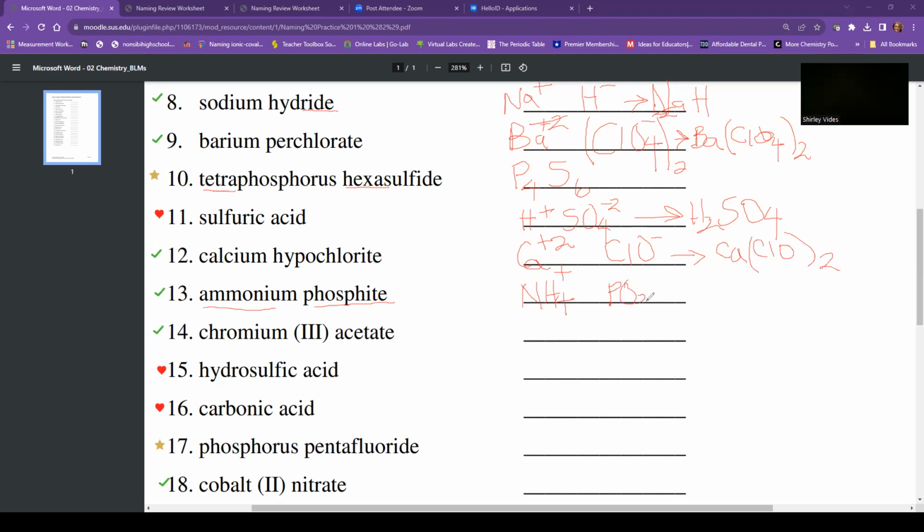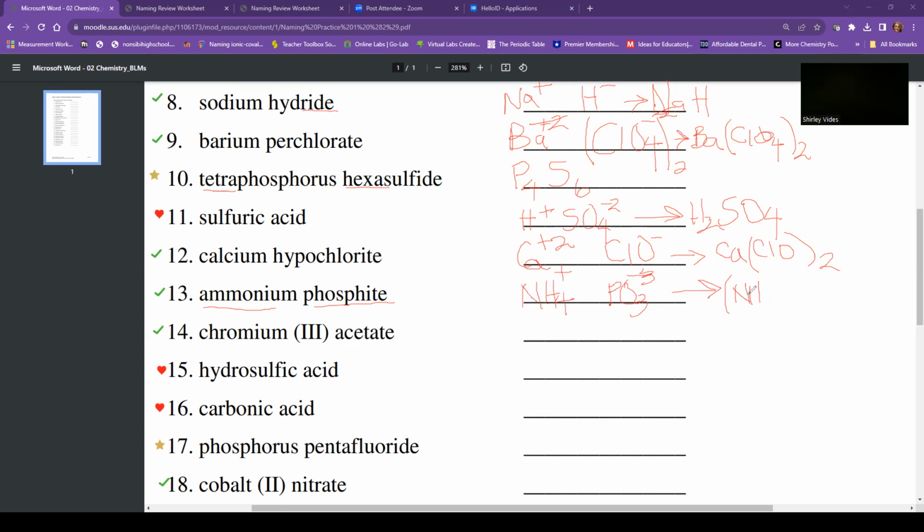And the same thing applies to this one. Crisscrossing, right? And that's a negative, it's kind of hard to see because I wrote right on top of it. So the NH4 gets the 3 from the phosphite, and the phosphite gets the 1 from the ammonium.